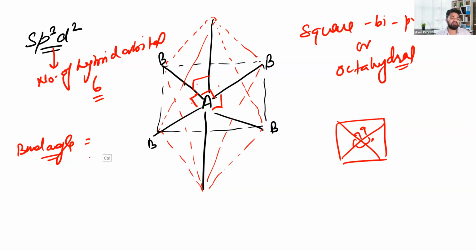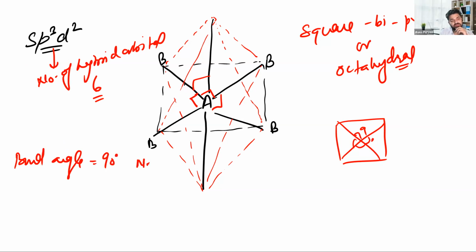The bond angle equal to 90 will be 12, 12 such bonds. So let me write it properly. Bond angle 90 degrees, number of bonds will be 12. Understood?